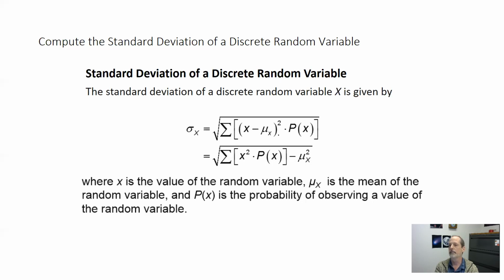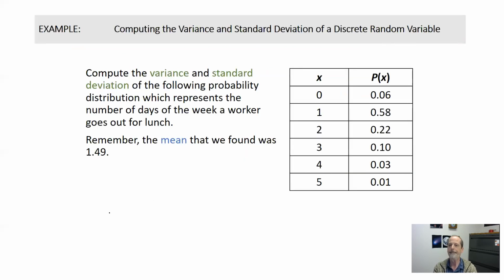And then once I've summated all of that, I'm going to take the square root of that value. Okay, so what we like to do with these kind of formulas is build little tables with columns where we build the parts slowly, and then we'll summate the column and then take its square root. Okay, so x is the value of the random variable, and mu sub x is the mean of the random variable, just everything that we've discussed so far.